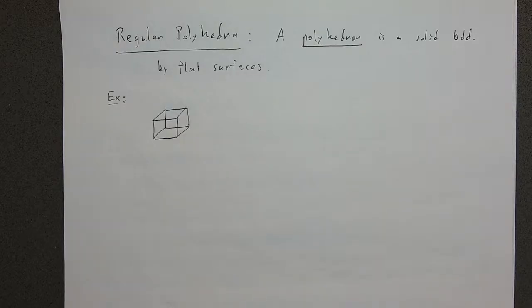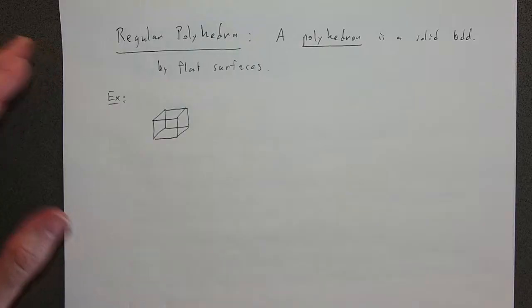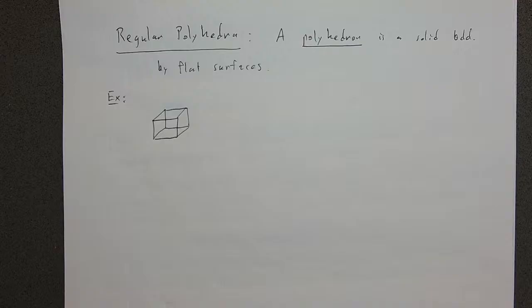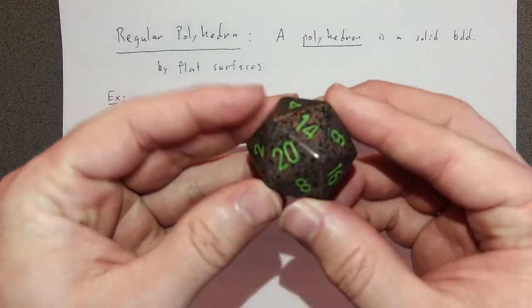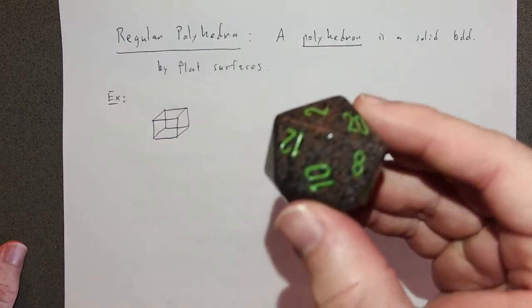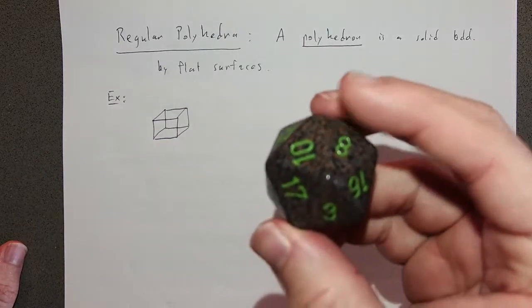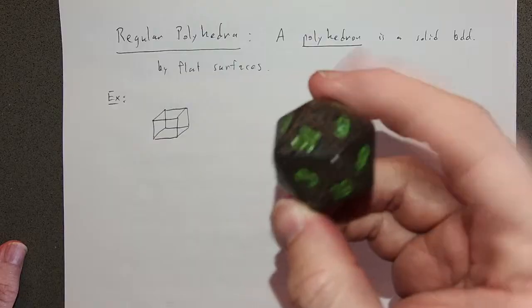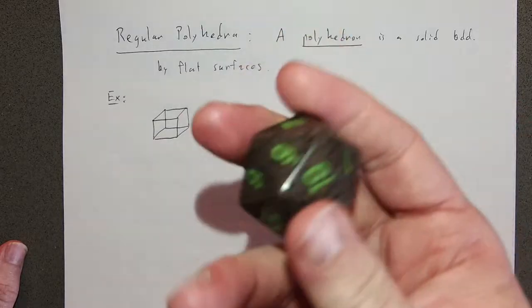But maybe it's just a rectangular base prism. So I've drawn it here in a way to indicate that this is a three-dimensional object. Here is an example of a polyhedron, or at least the surface of this thing is the polyhedron. Of course, it is actually a solid.